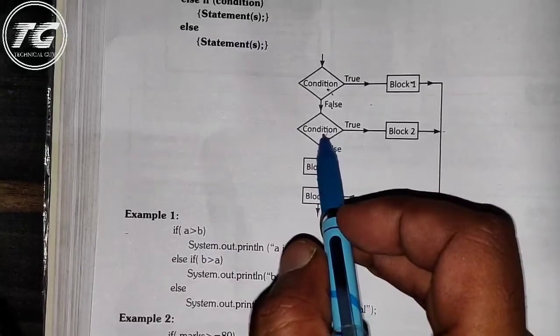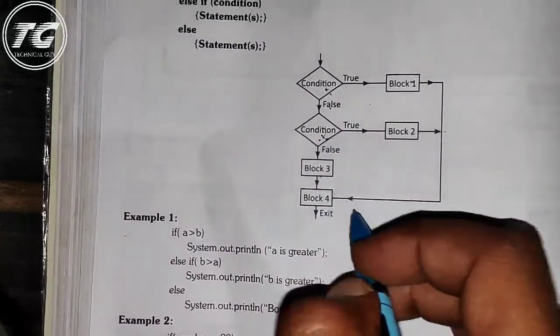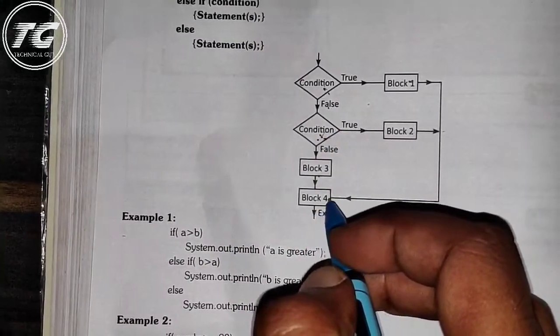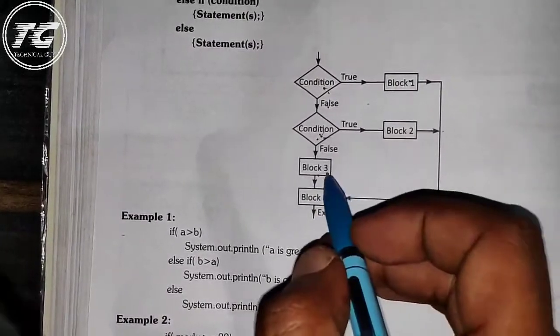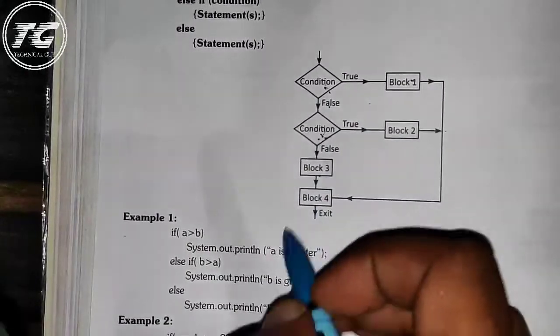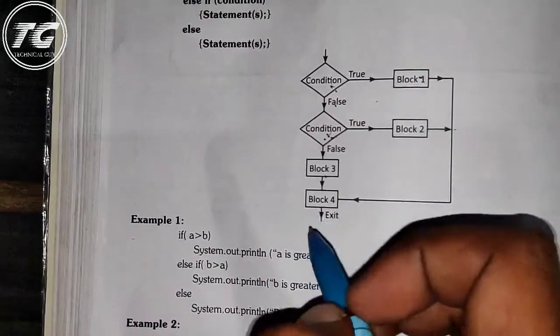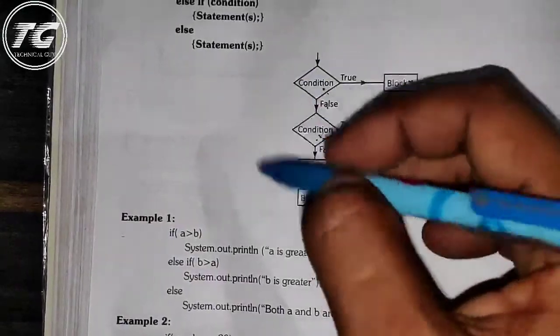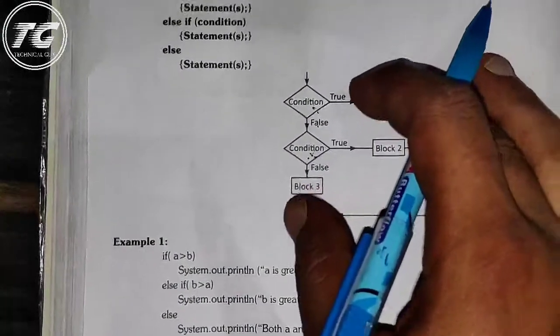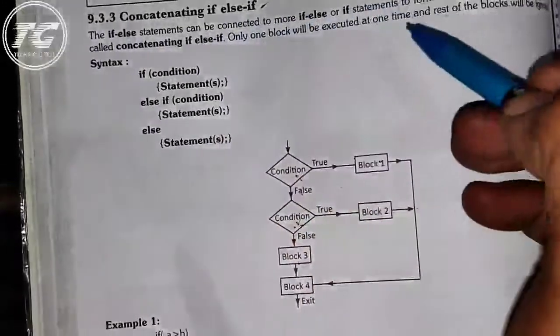If this condition is false you can take another condition here, and if that condition is true then that block you can execute, and if it is false you can further take any condition. So that's what I am trying to explain. If you have more than one case you can use this type of if, that is called if else if.